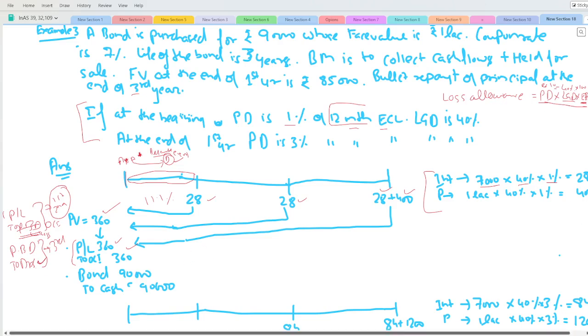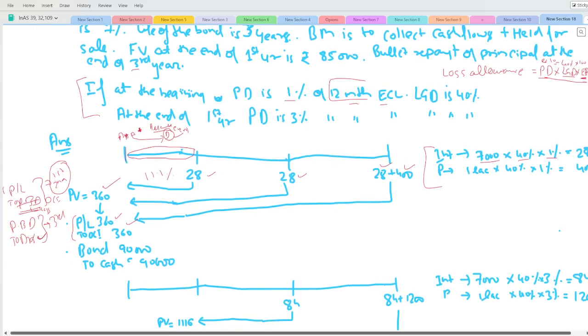So at the end of the second year, at the end of the first report entry, you will be passing. Now when you reach here, your PD has increased, but it's not significant here. Normally for a significant increase, there is a very simple test: 30 days past due.